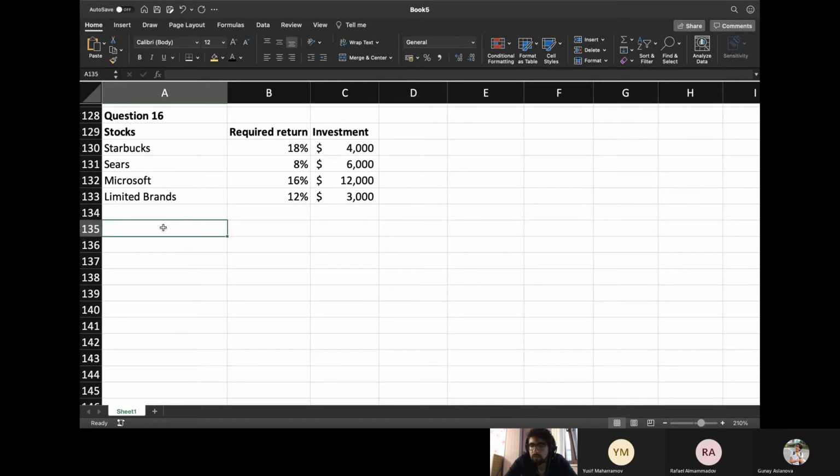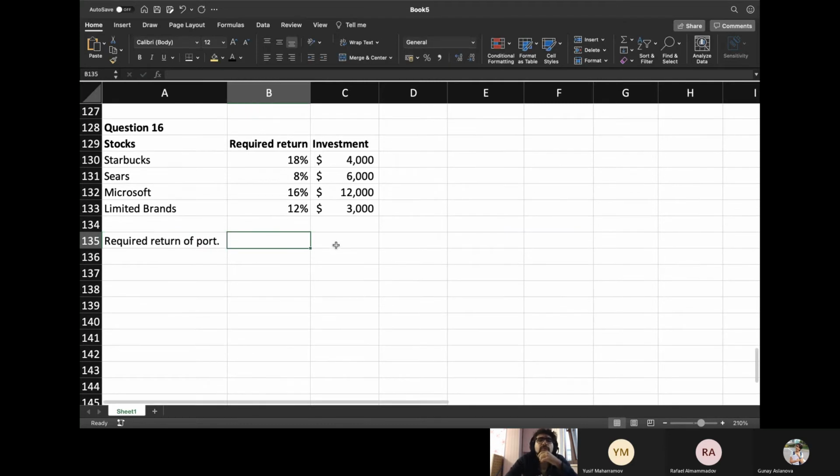What we are looking for is the required return of the portfolio. To find it, we should first know the weights. But we don't have weights, instead we have investments.